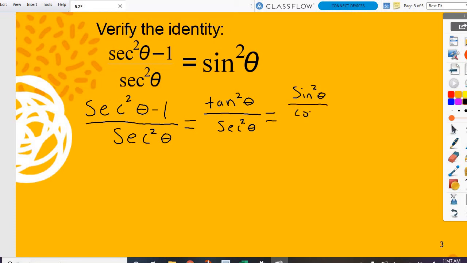And then what does secant squared of theta equal? 1 over cosine squared. Agreed. So notice that we have a fraction within a fraction. So what do we do?